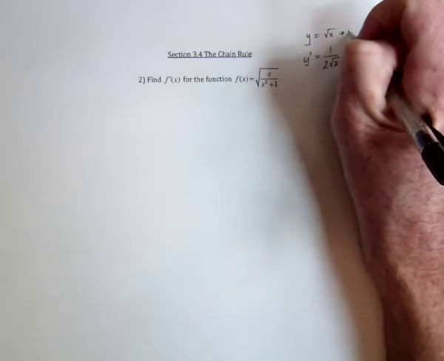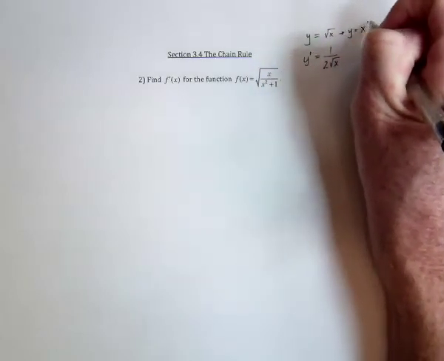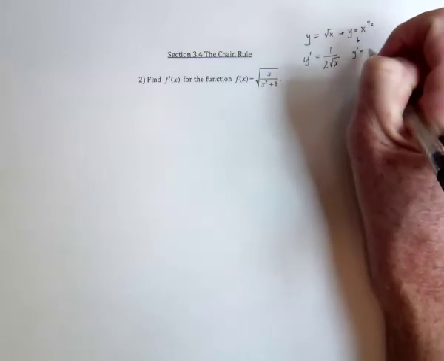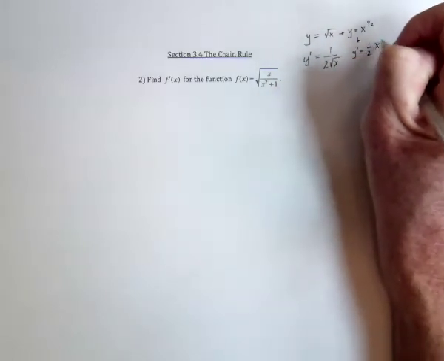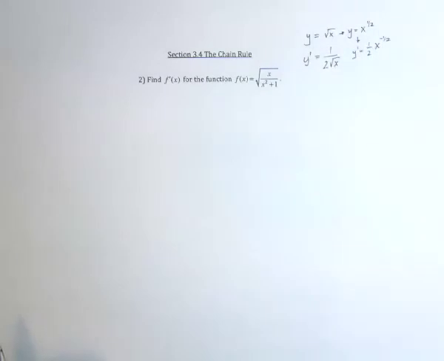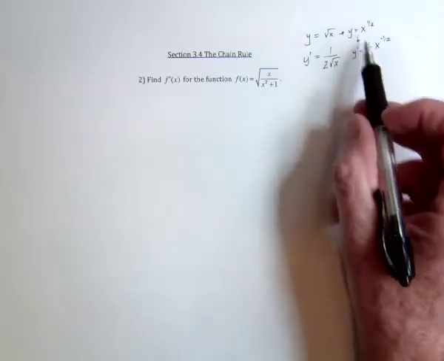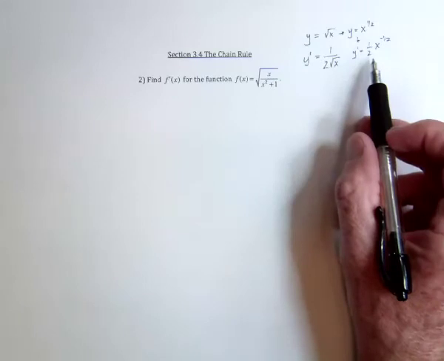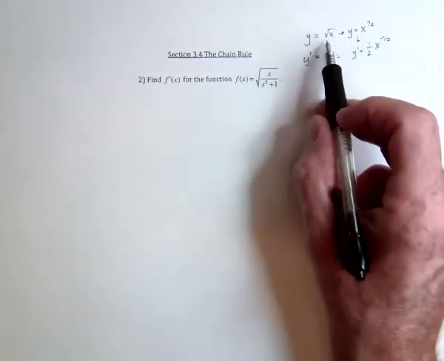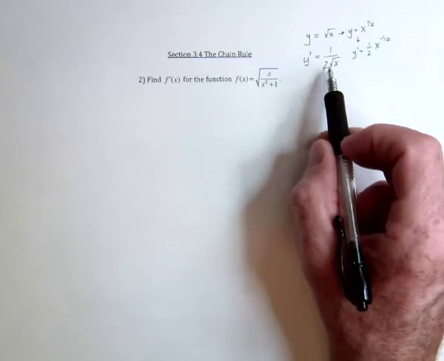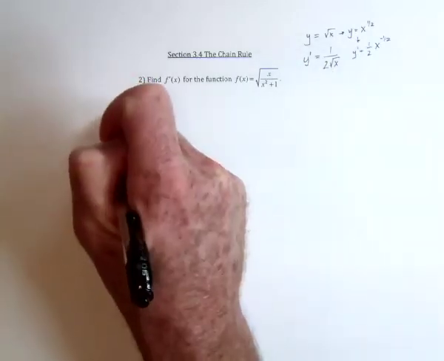It comes from saying that y is equal to x to the 1/2, and then taking the derivative of that would be a 1/2 x to the negative 1/2, and then negative exponent means that belongs in the denominator, and you get back to this. But rather than having to do these extra steps each and every time I run into a square root, I just remember the derivative of square root is 1 over 2 times that square root. So that's where we begin.